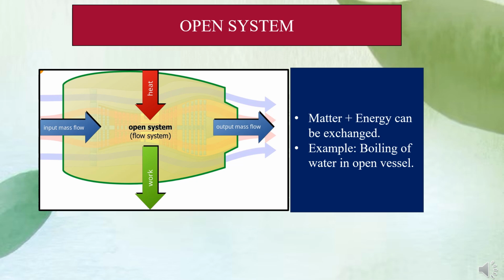One example is reactants in an open beaker, where the boundary is an imaginary surface enclosing the beaker and reactants. A second example is a steam turbine, or a pool filled with water, where the water can enter or leave the pool. In an open system, matter plus energy can be exchanged. A simple example is boiling of water in an open vessel.